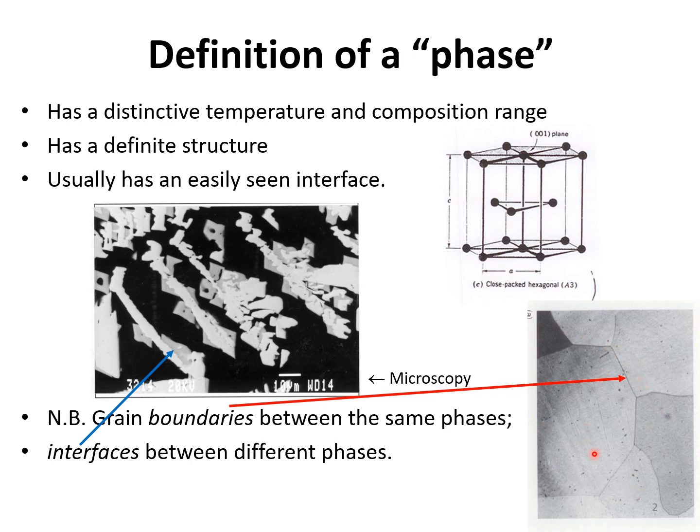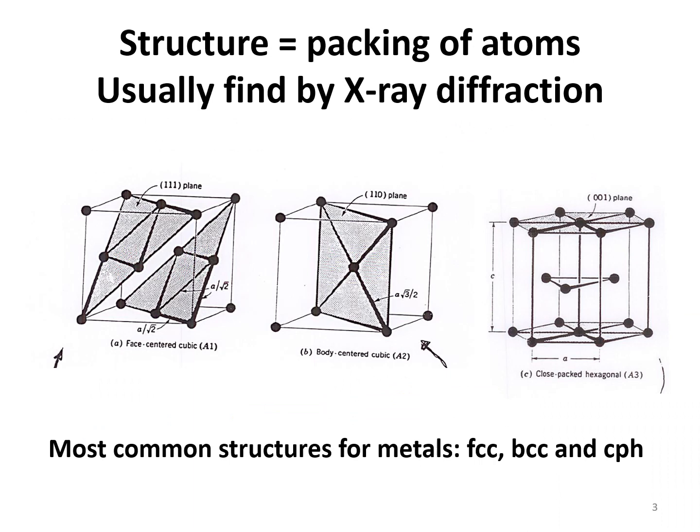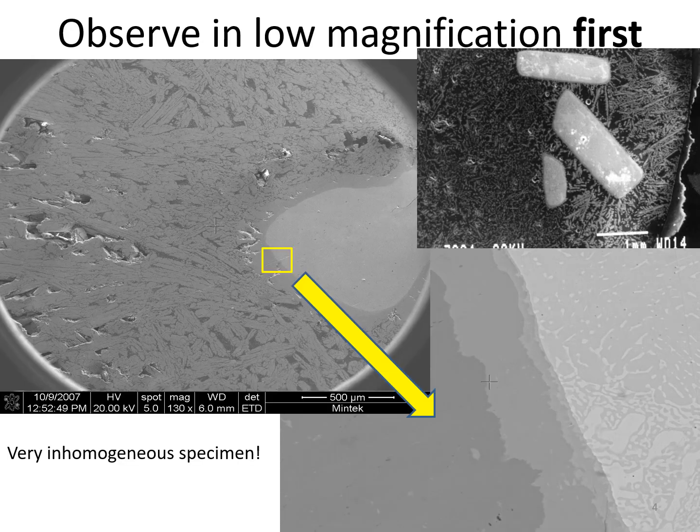These have just got different contrasts because they have different orientations. So here's an example of three of the most common structures that metals have: FCC, BCC, and CPH, also known as HCP. And we normally find that by X-ray diffraction.